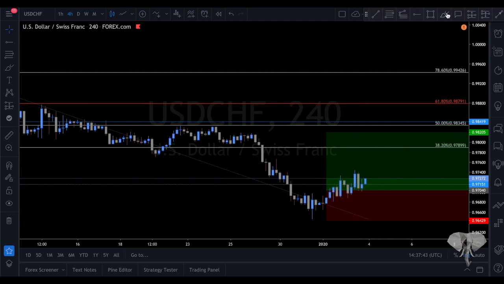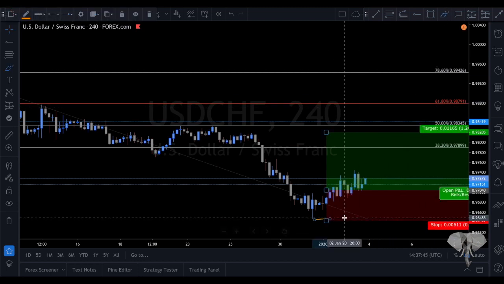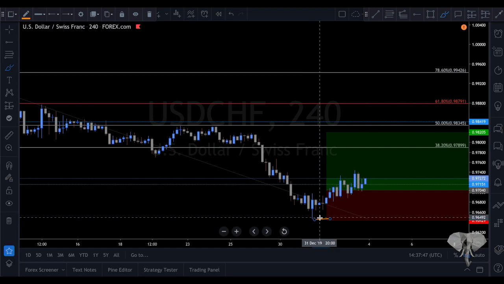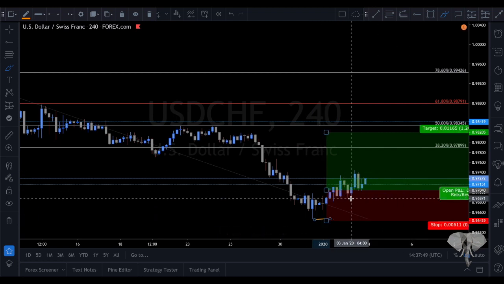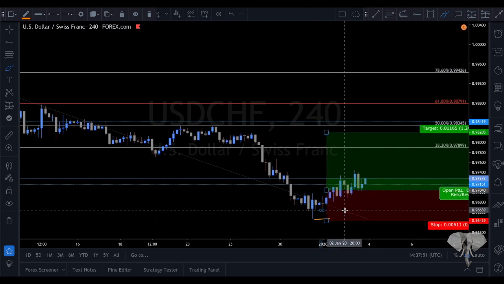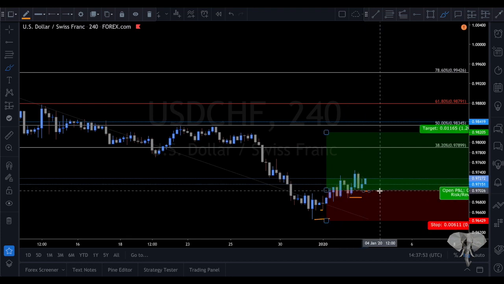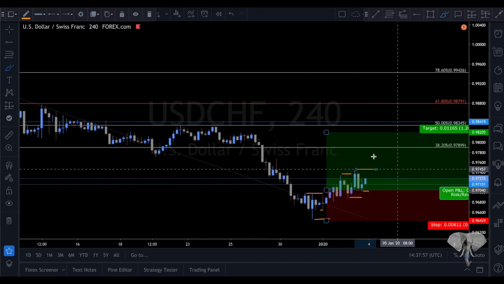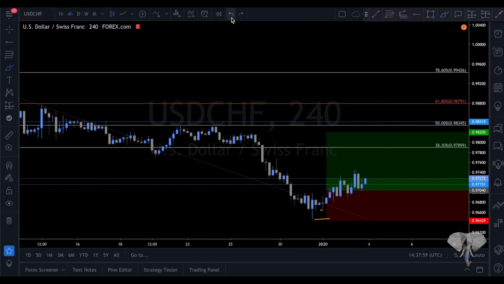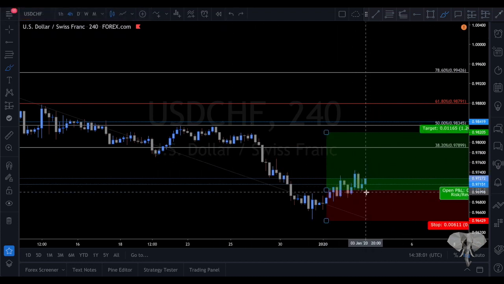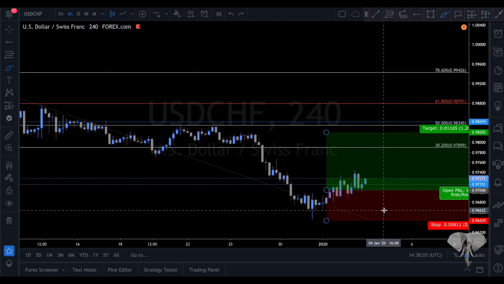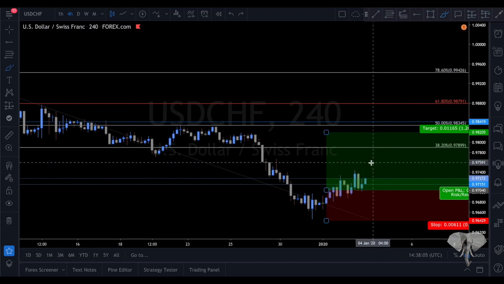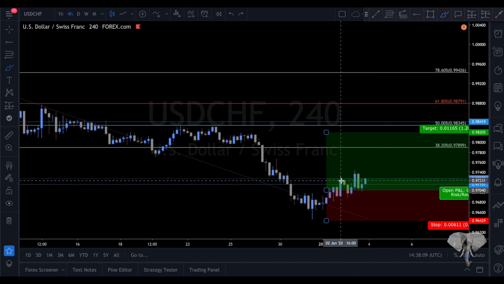On the 4-hour, once again, we're looking for higher highs and higher lows. We want to make sure that we're testing a structural zone so that we can run risk-free. We have one more area of structure that we need to test before we can run this trade risk-free. What that basically means is moving our stop loss to break even or a little bit above break even to cover commission and swap charges.